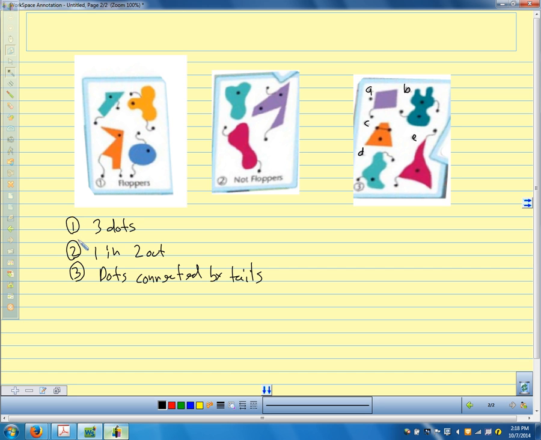How could we say this rather than in three different statements? How could we say it in something a little shorter? Anybody? So let's combine all this together. Floppers have a dot inside and two dots with tails outside. Is that just to combine everything together?